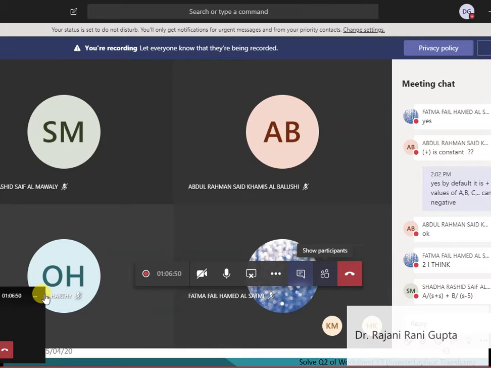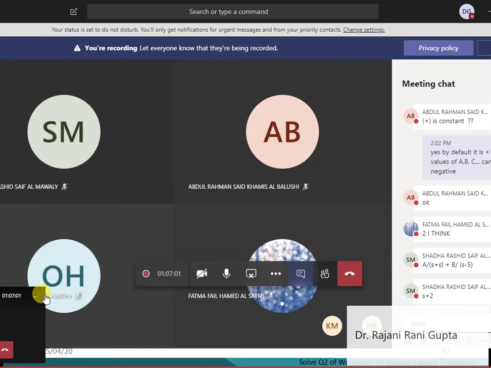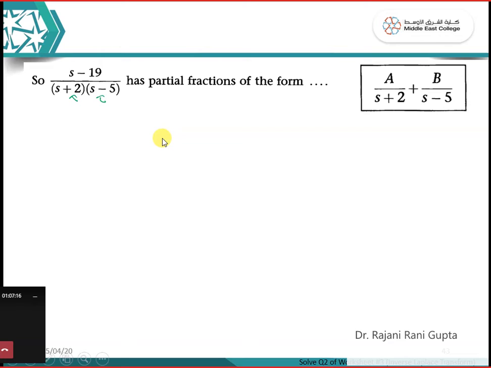A over s plus 2, s minus 5. All agree? Because we have two linear factors, s plus 2 and s minus 5, so A over s plus 2 plus B over s minus 5.